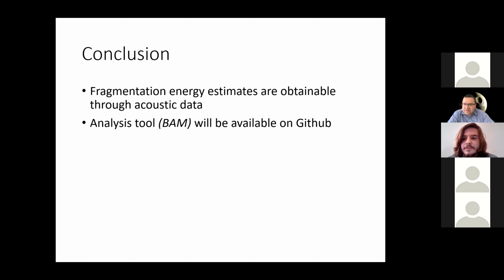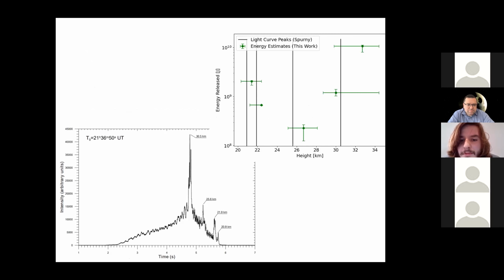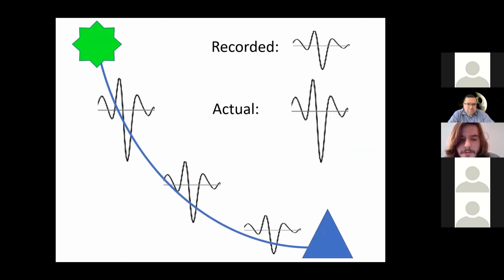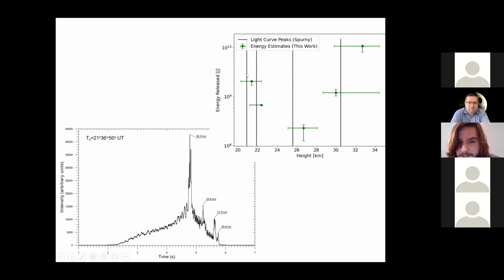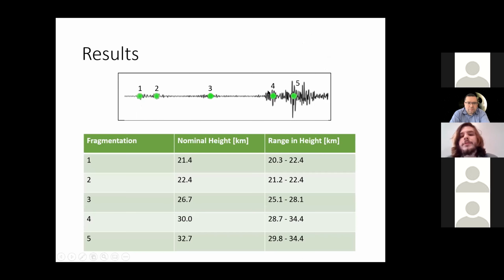Go ahead, please, Circo first. You have shown in the slides that the lowest ones, at 21 kilometer altitude, were those with the highest energy. So why is it that these gave the smallest signal in your seismic data? Right. So these fragmentations here occurred lower, and these ones at the end occurred much higher.